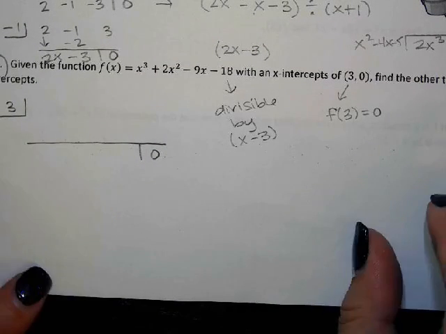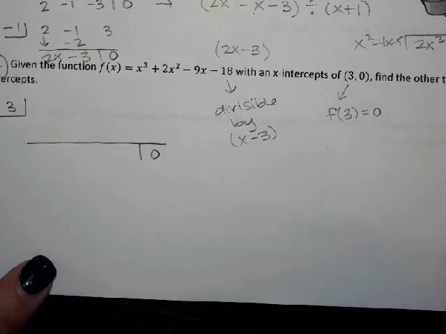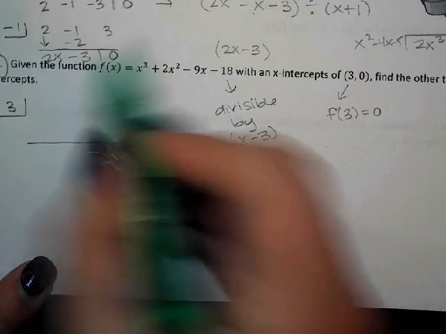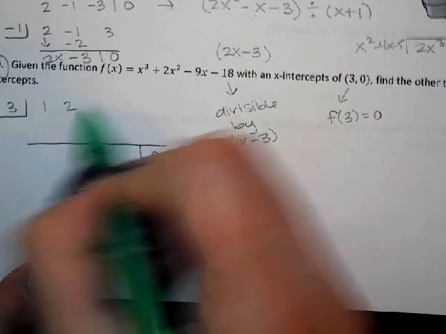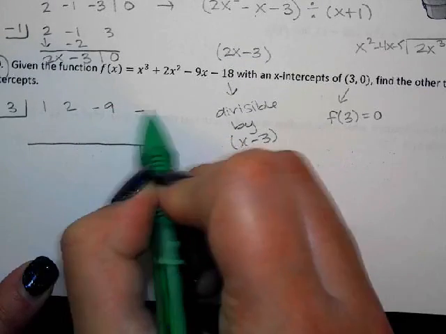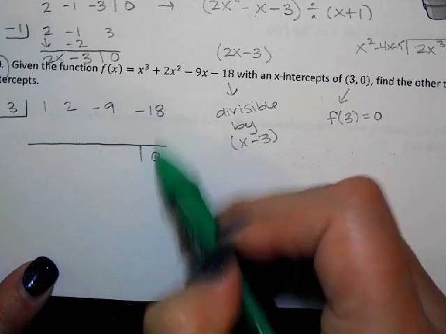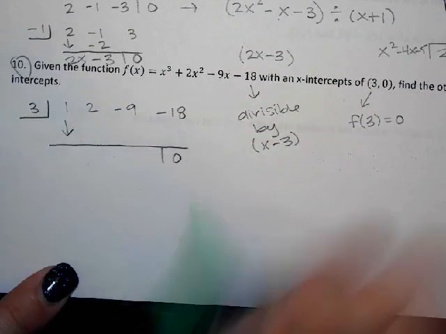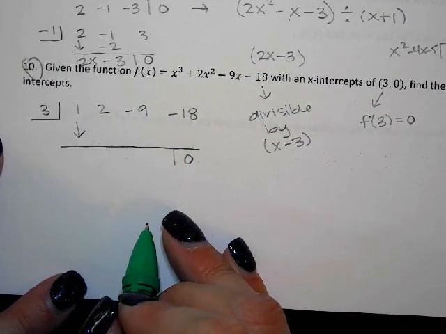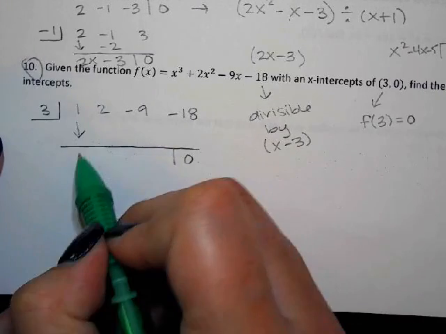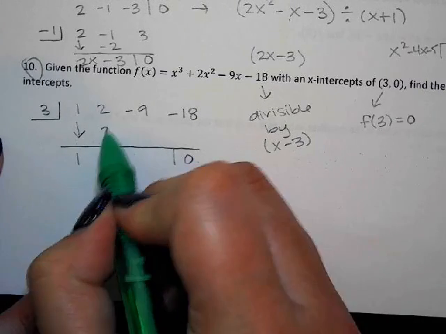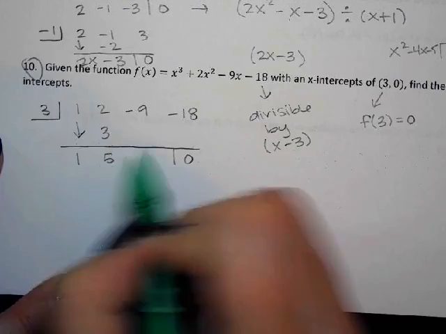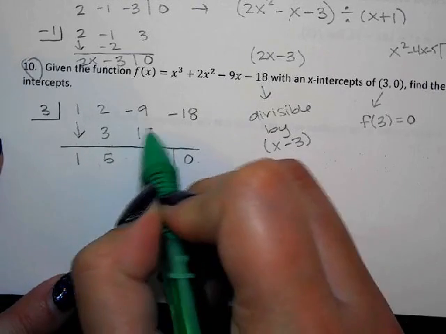So we're going to take this problem. We're going to put the 1, 2, -9, -18. I'm lining up the -18 over my remainder. And I've got 1 times 3 is 3. That's 5. 5 times 3 is 15. That's 6. 6 times 3 is 18.